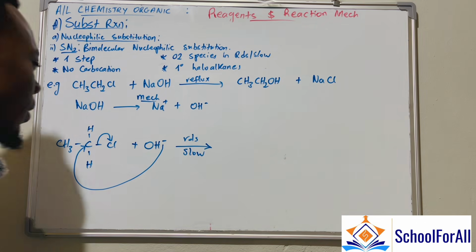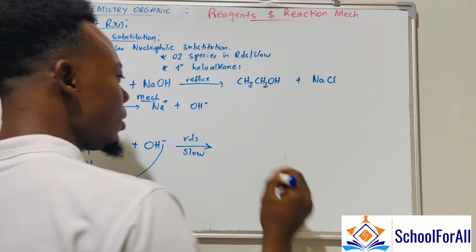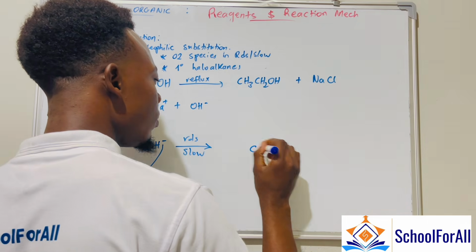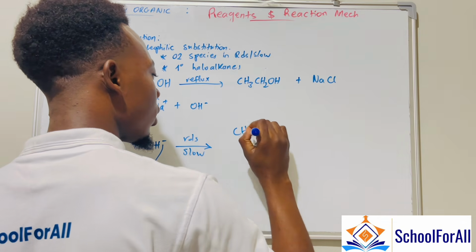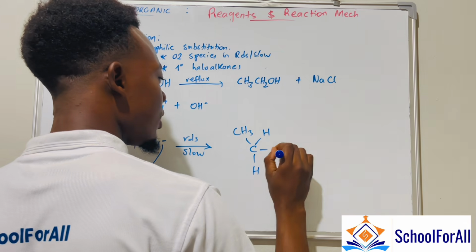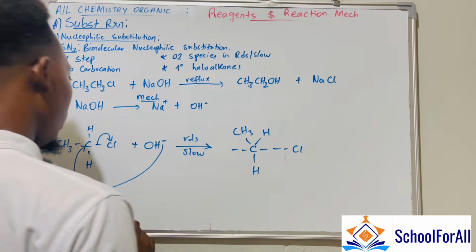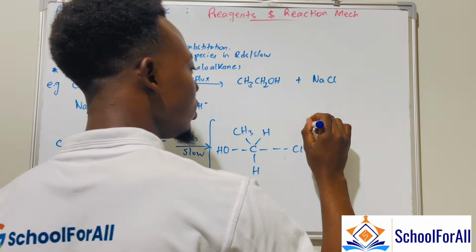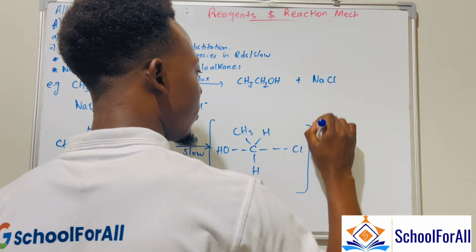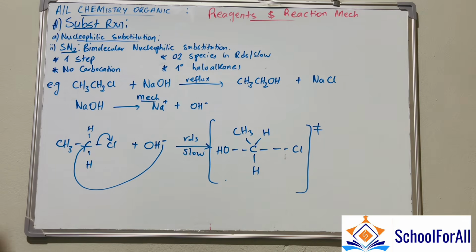Now, after my slow step, I create an intermediate molecule. The intermediate molecule, which is highly unstable, will be of this form. As the chloride ion leaves, the OH minus is entering. So I have this intermediate molecule.